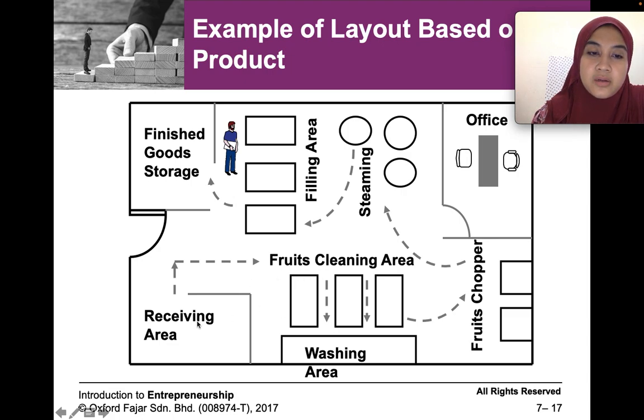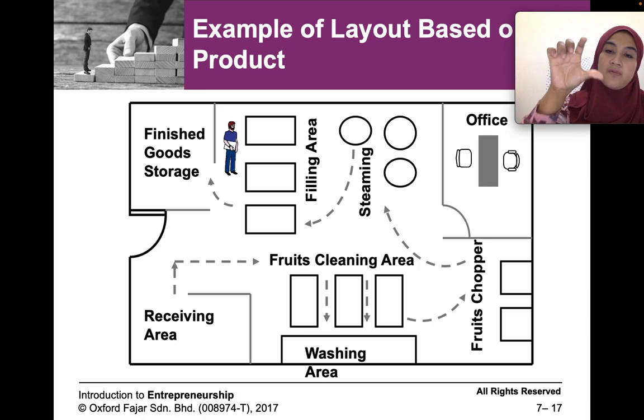So the receiving area must be side by side with the fruit cleaning area, so that the process will run smoothly lah. Takkanlah you nak letak receiving area here, and then fruit cleaning here, then go to the chopper here, so it will mess up. So that's why you must arrange the layout according to the process flow.